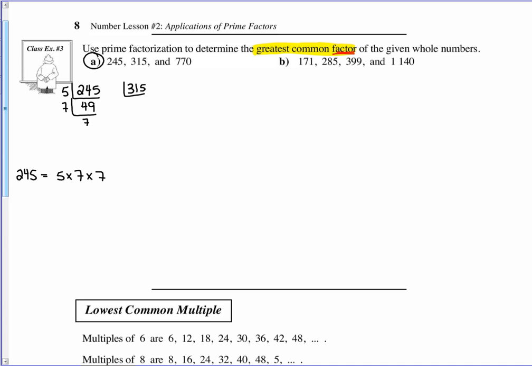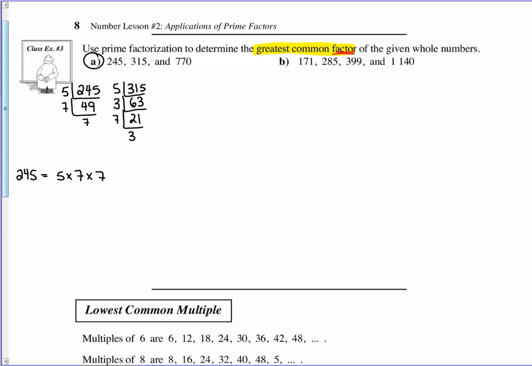315. Divide by 5. 63. Divide by 3. 21. And what else can we divide that by? 7, and it gives you 3.